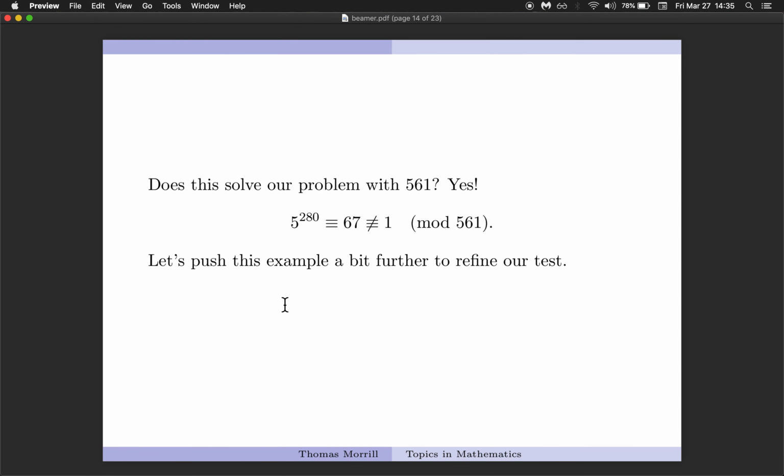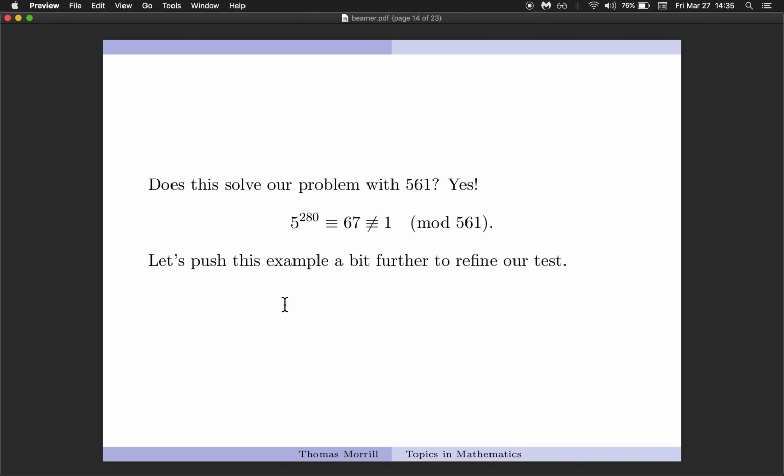So, does this identify 561 as a composite number? 561 is our smallest Carmichael number. I at least want to see if my new test idea fixes the problem I had with 561.